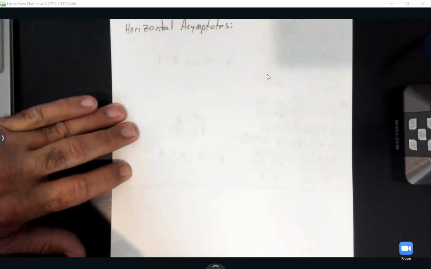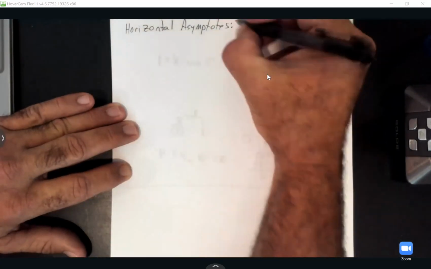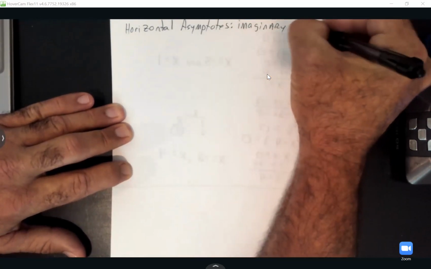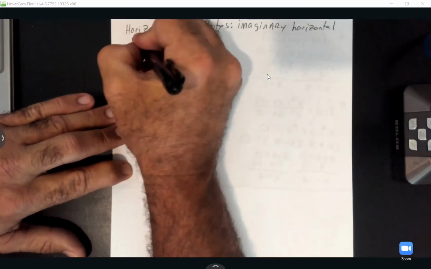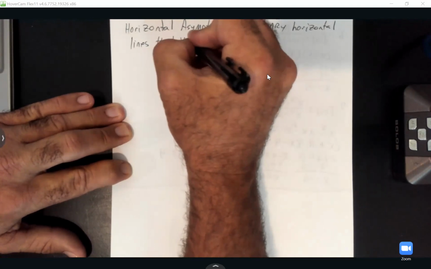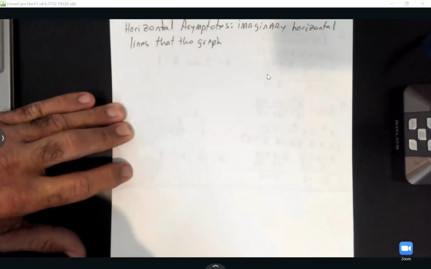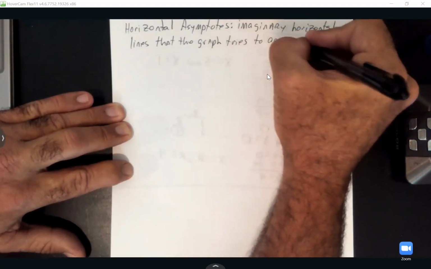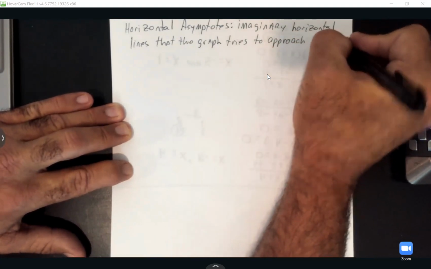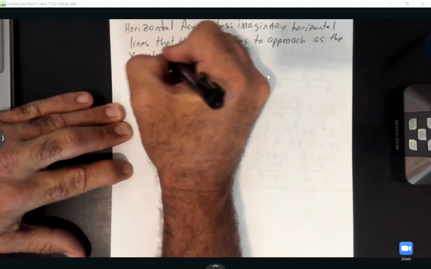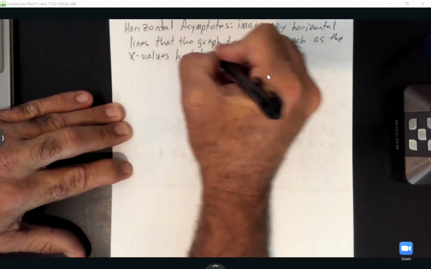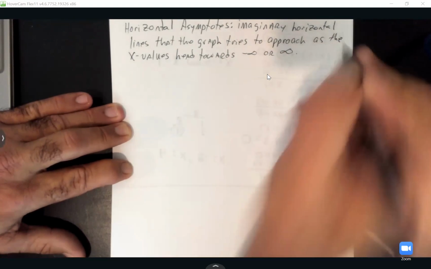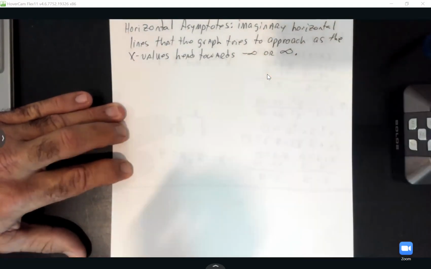So these are sort of similar to the vertical asymptotes, but these are going to be imaginary horizontal lines that the graph tries to approach as the x values head towards negative infinity or positive infinity, okay?